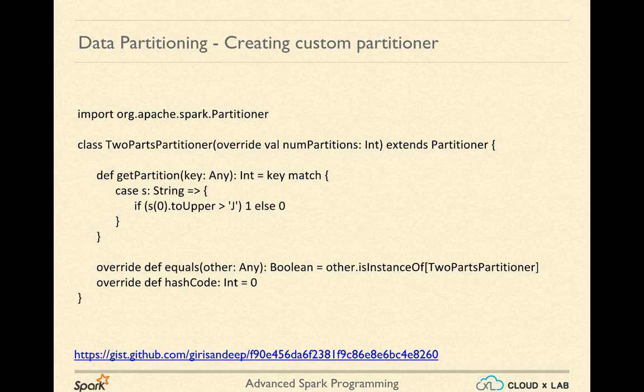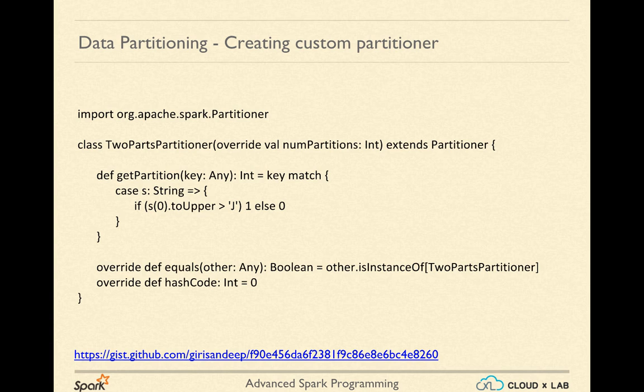First, getPartition, which gets key as the argument and it returns a number between 0 to 1 less than the total number of partitions. So, this method is the one that dictates to which partition a key would go to.